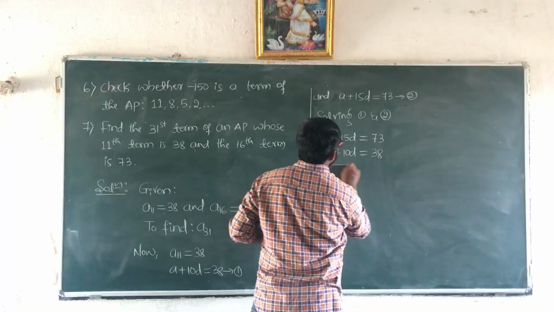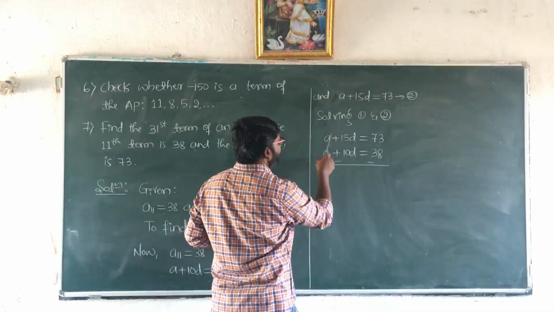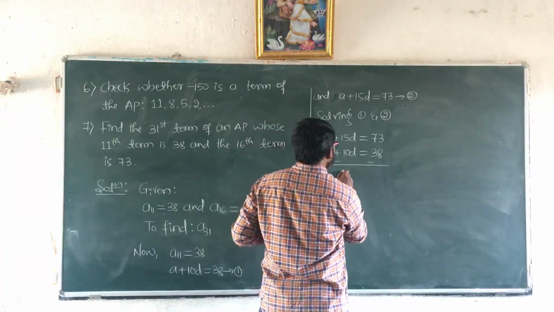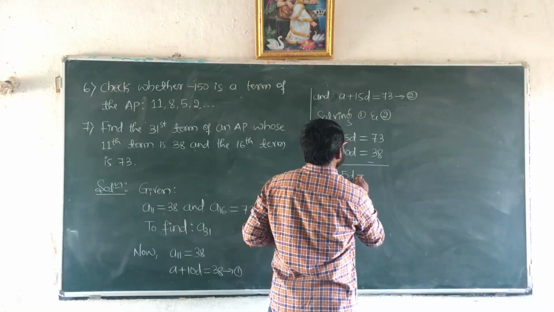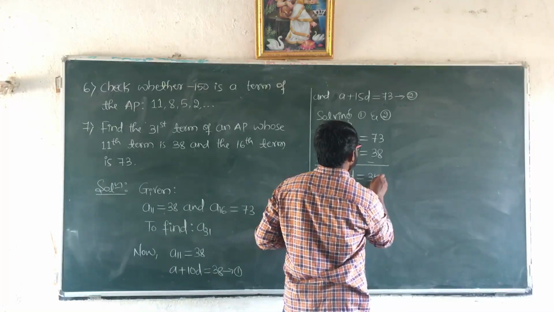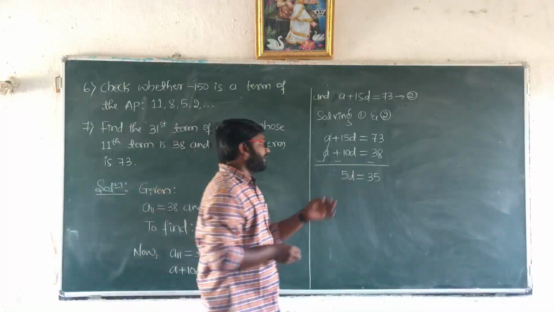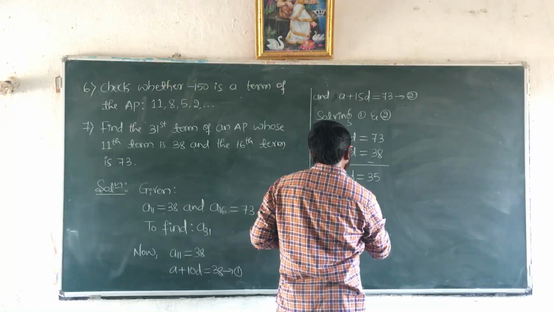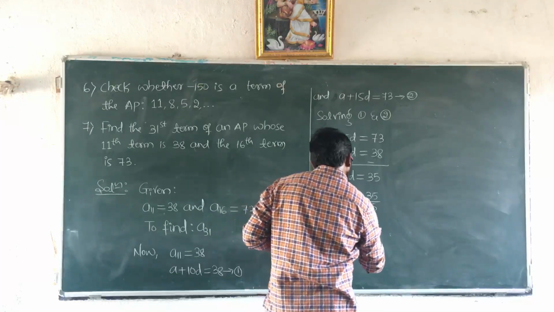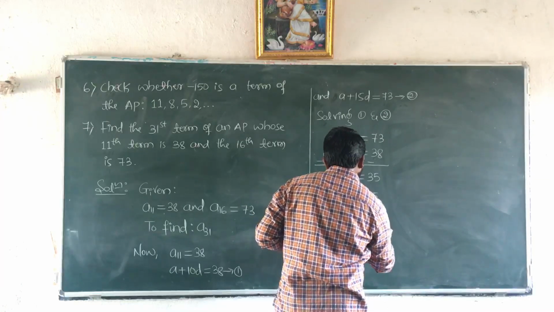Now let us change the signs here. A minus A cancels. 15D minus 10D will give us 5D. This is equal to 73 minus 38, which gives us 35. Then D is equal to 35 divided by 5. So D is equal to 7. So we got the value of D now.